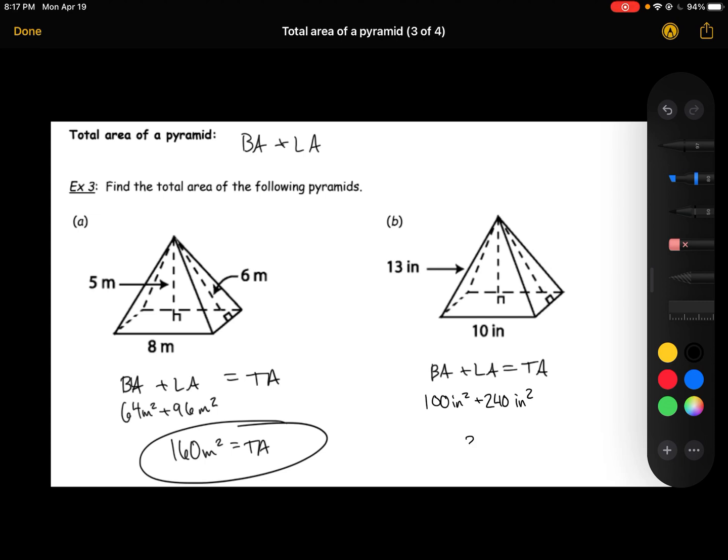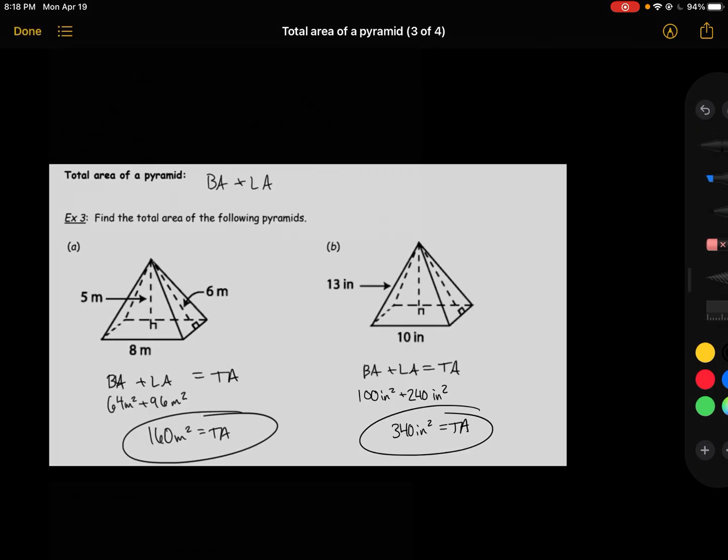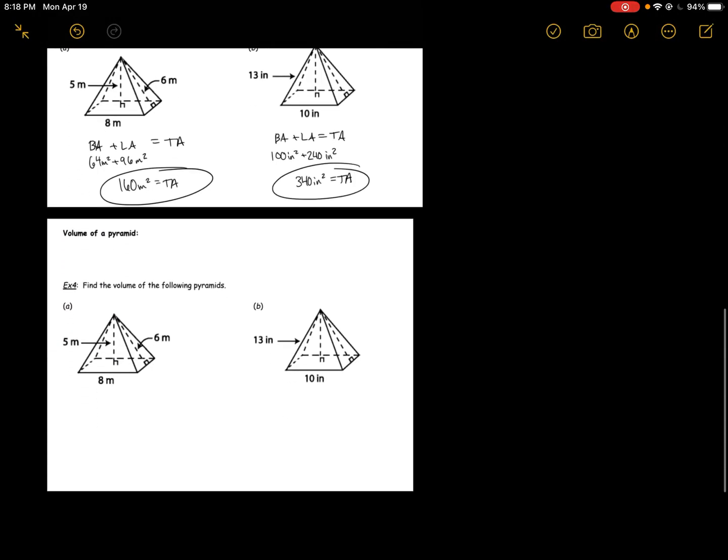So 240 and 100 exactly. So 100 for the base, 240 for our lateral, put those two together, 340 is our total area. So again, total area, just putting all of the sides together, both the bottom and the sides of our pyramids here.